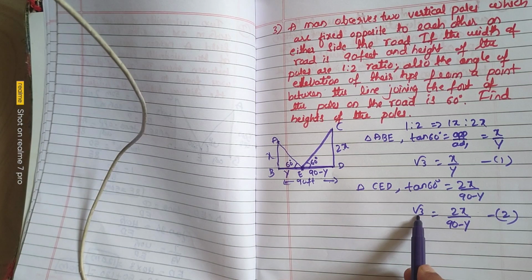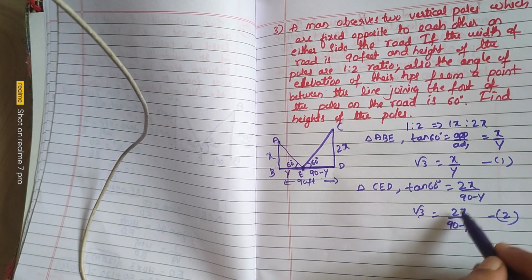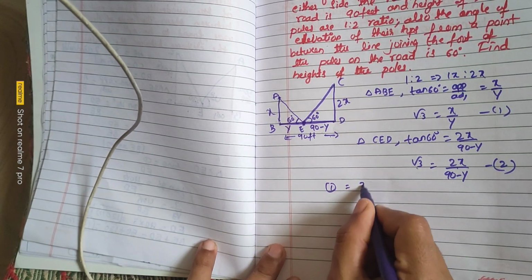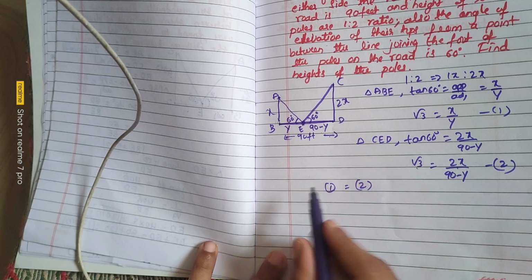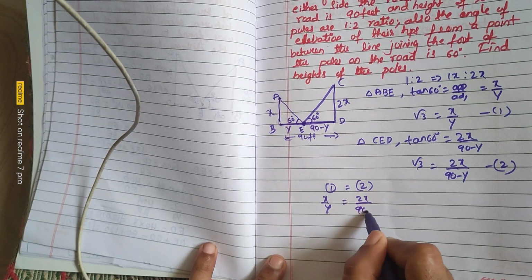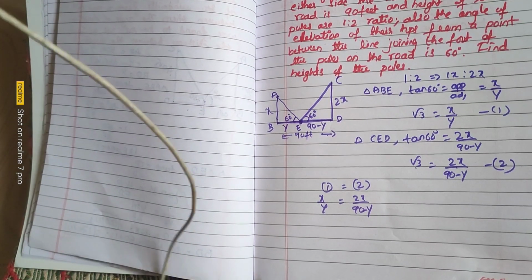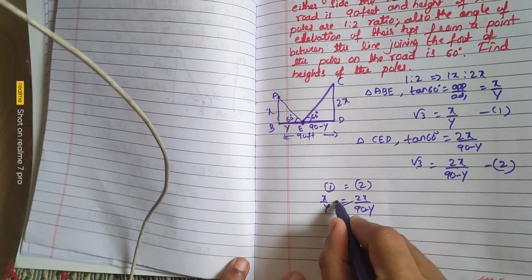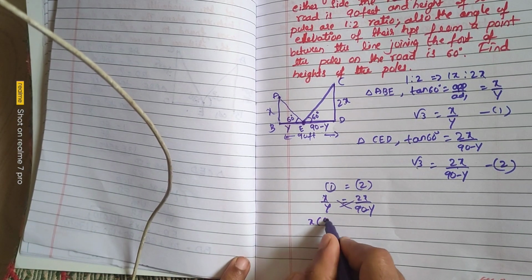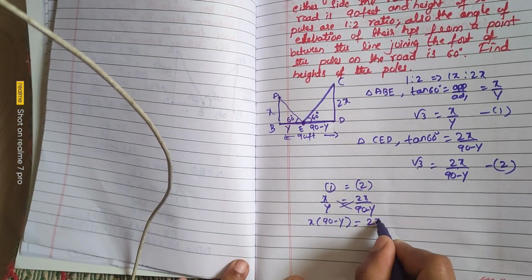So root 3 equals this one, which means these two are equal. That is, equation 1 equals equation 2. We have x by y equals 2x by 90 minus y. On simplifying, I cross multiply: x into 90 minus y equals 2x into y, which is 2xy.